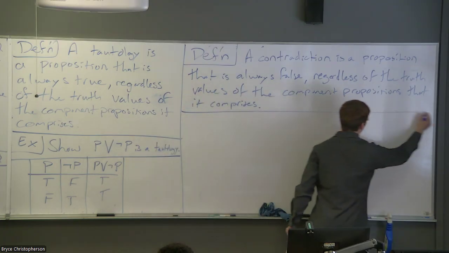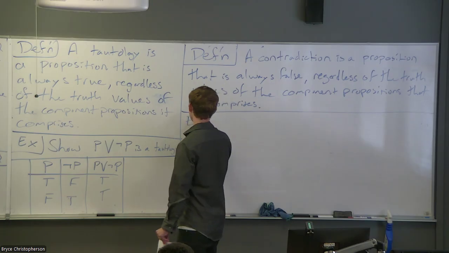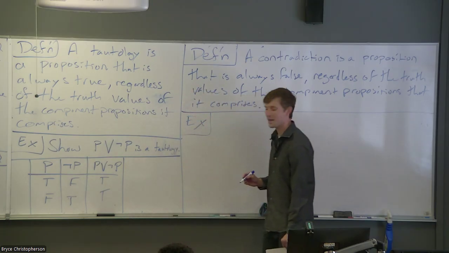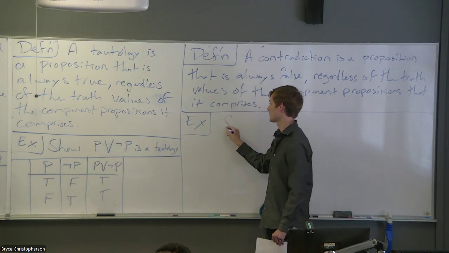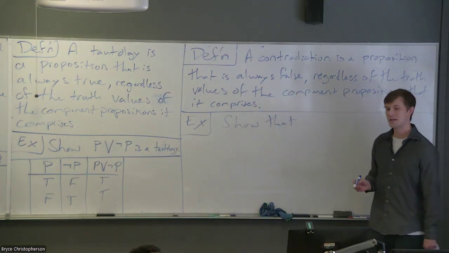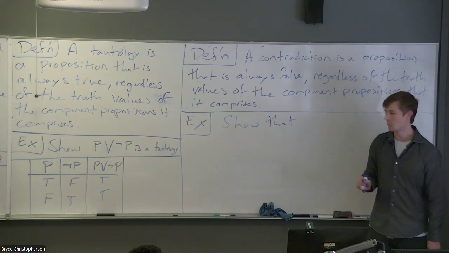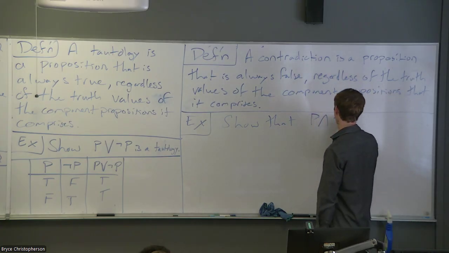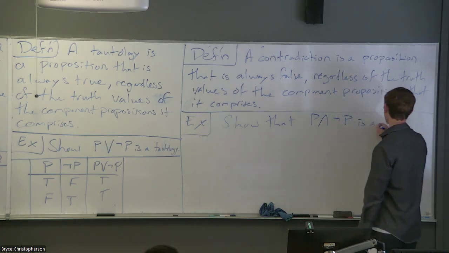Okay, fair enough. What is an example you could imagine? If we did P or not P as a tautology, what about P and not P? Yeah, exactly. P and not P is a contradiction.